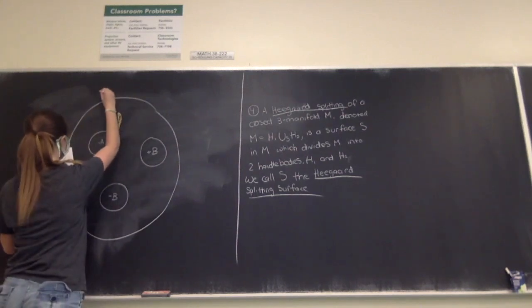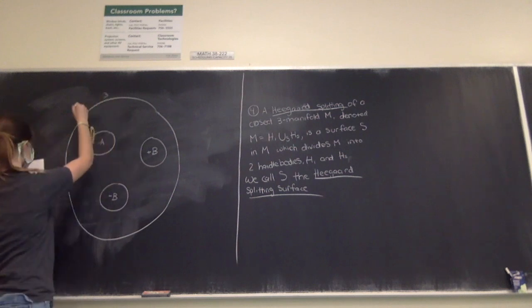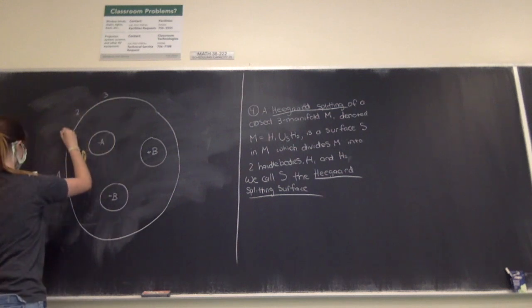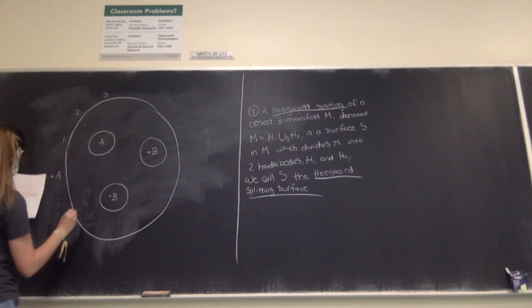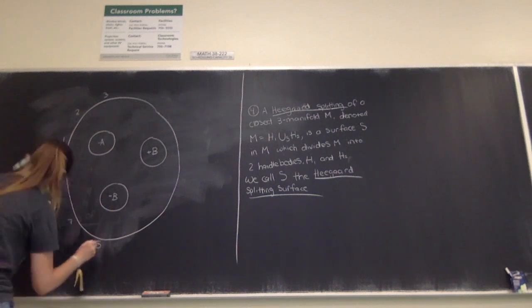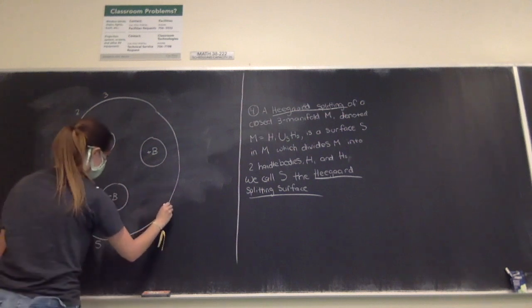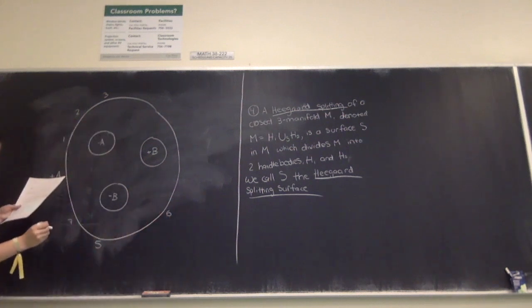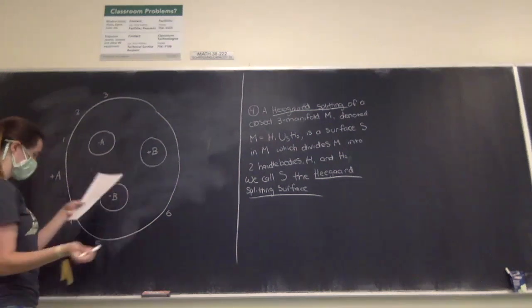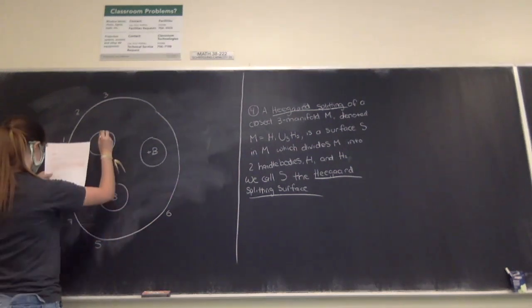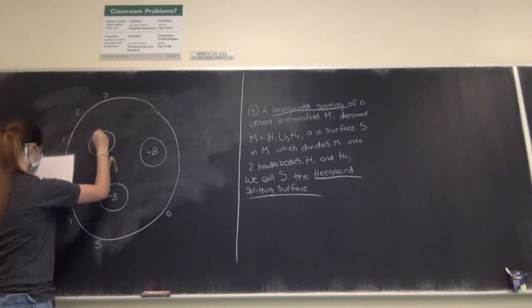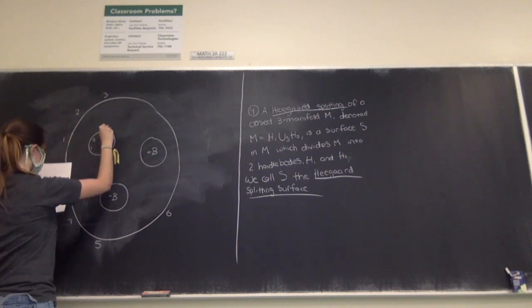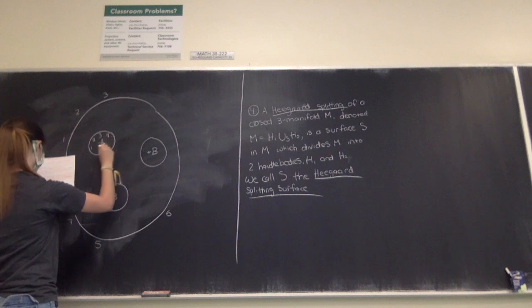So we have 3, 2, 7, 6. Those are just points on the circle plus A. We also have points on the other circles. So we have 1, 2, 3, 4, 7, 5, 6.